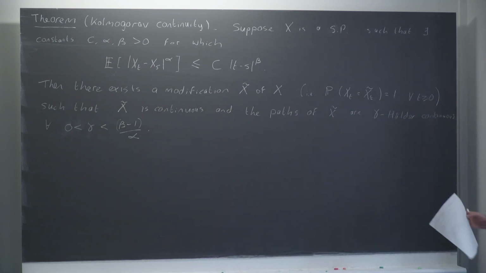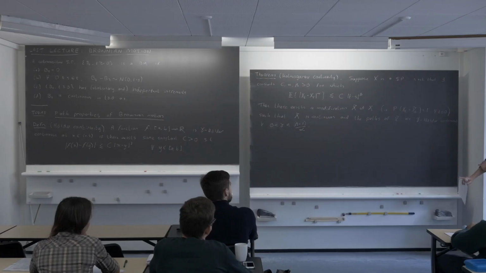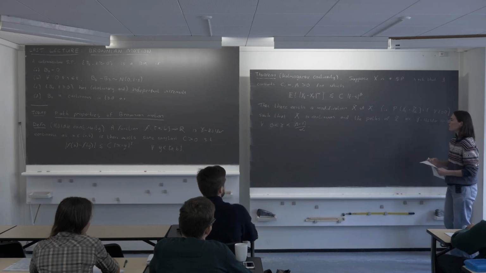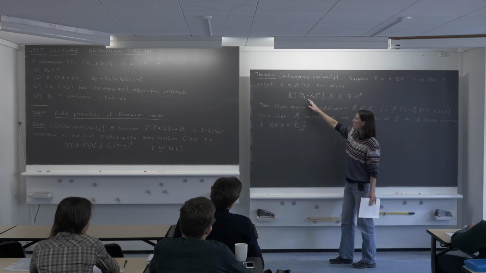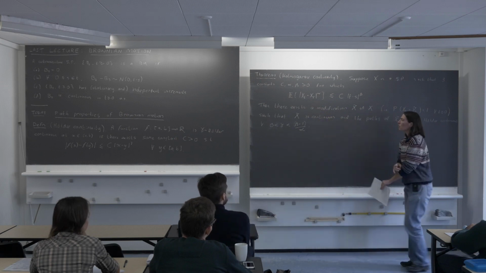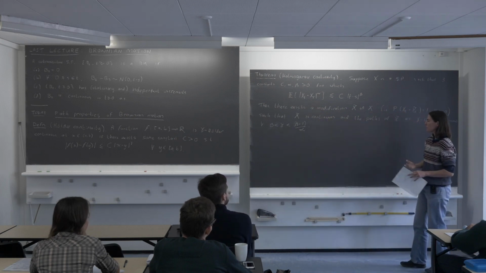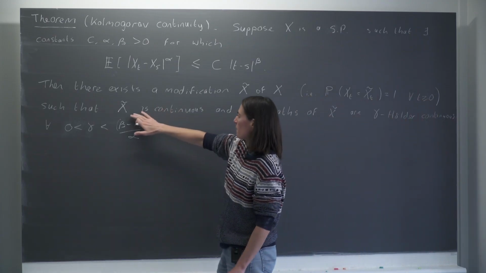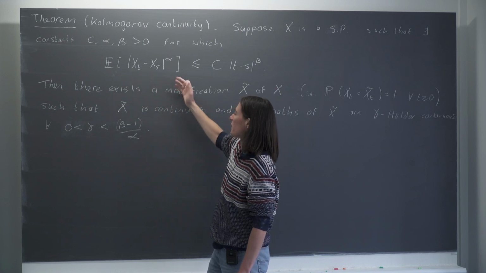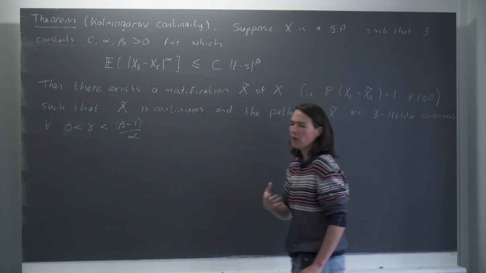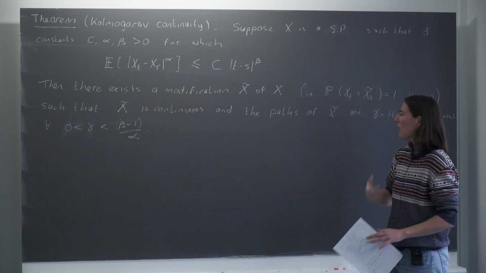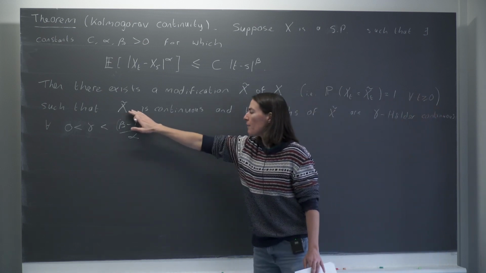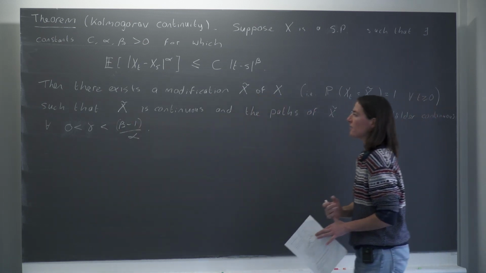Okay, so I'm not going to prove this theorem here, but it's actually not too difficult to prove. Essentially, what you want to do is construct the process on the dyadic rationals. So you go through the dyadic rationals and construct a countable sequence of values of x tilde on the dyadic rationals that have the Holder continuity property that you want, and then you define your x tilde by taking limits of the dyadic rationals.